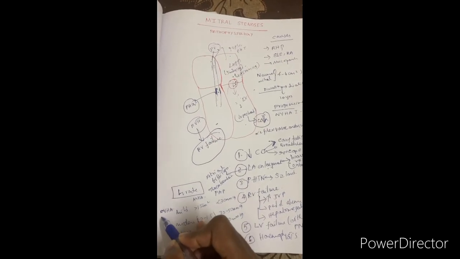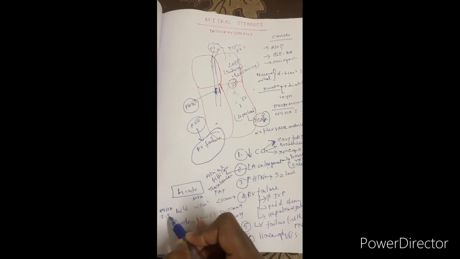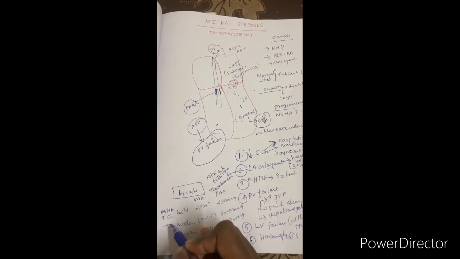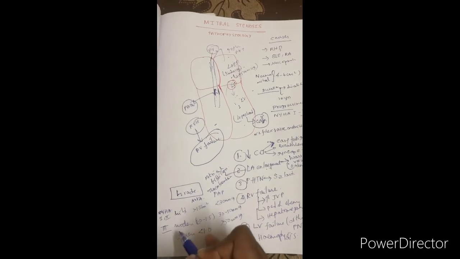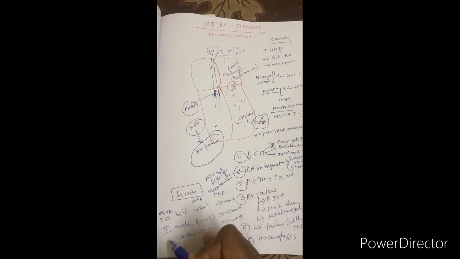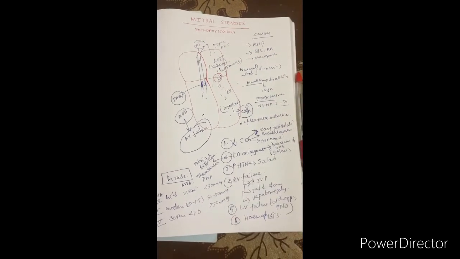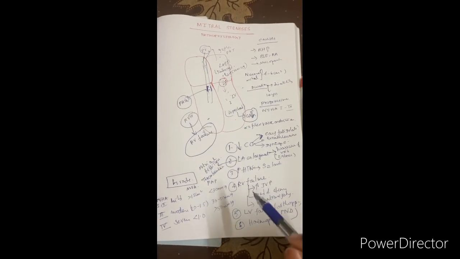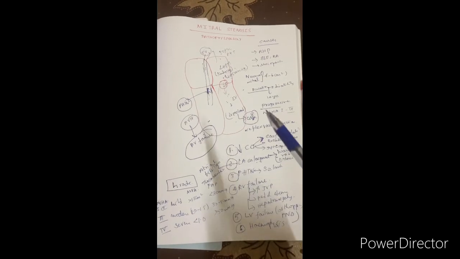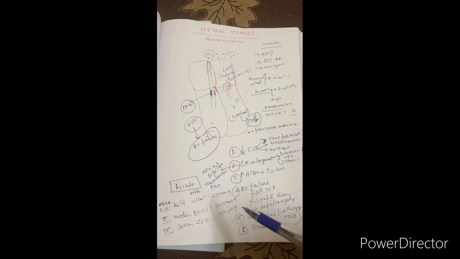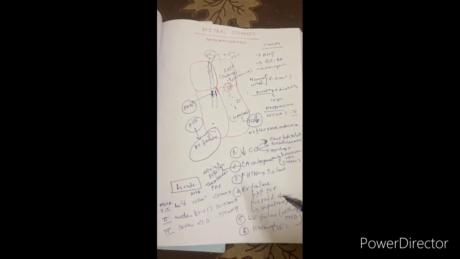NYHA grade 1 and 2 come under mild stenosis. NYHA grade 3 comes under moderate mitral stenosis, and NYHA grade 4 comes under severe mitral stenosis. So these are the symptomatic and pathophysiological findings, and you can grade the mitral stenosis according to the degree of narrowing of the mitral valve area.